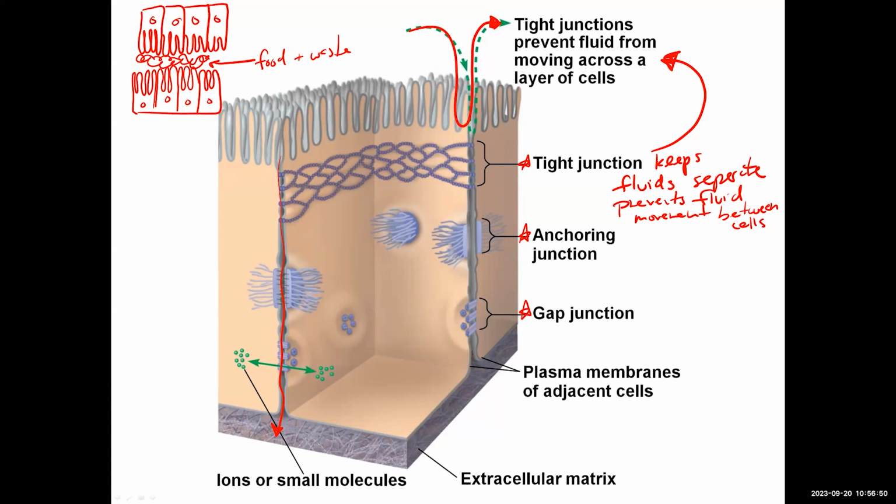The other type of junction, the anchoring junction, behaves a lot like a drywall anchor. If you've ever had to hang something in a wall, what happens if you just put a nail in drywall and you try to hang something? Have you ever done that without using an anchor before?